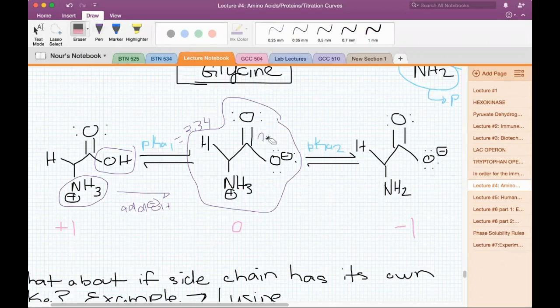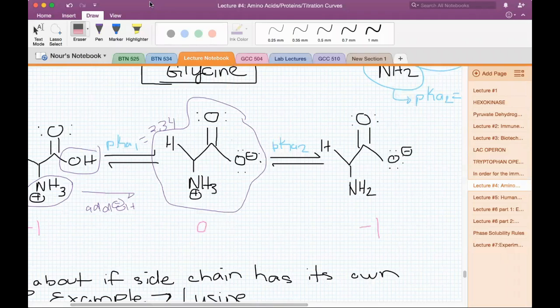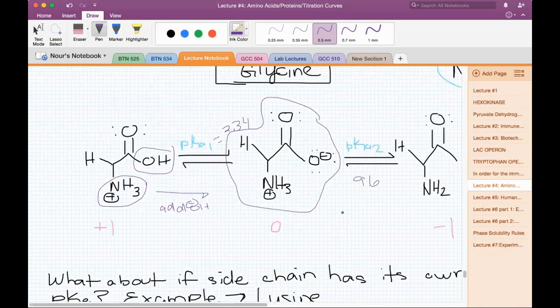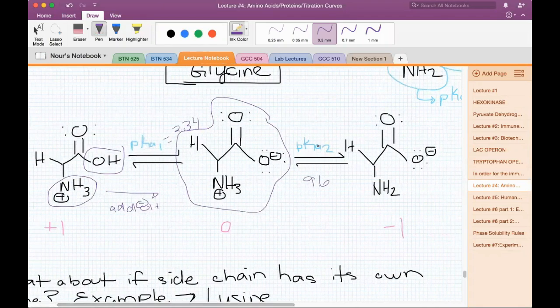Then you add more OH until the pH reaches 9.6, which is the pKa of this group. So the gates are open, you can steal the proton away, and now it's a -1. This is how it generally works: as you add more OH, you steal a proton from a group depending on what the pKa value is. Does that make sense in general, like the whole titration curve?